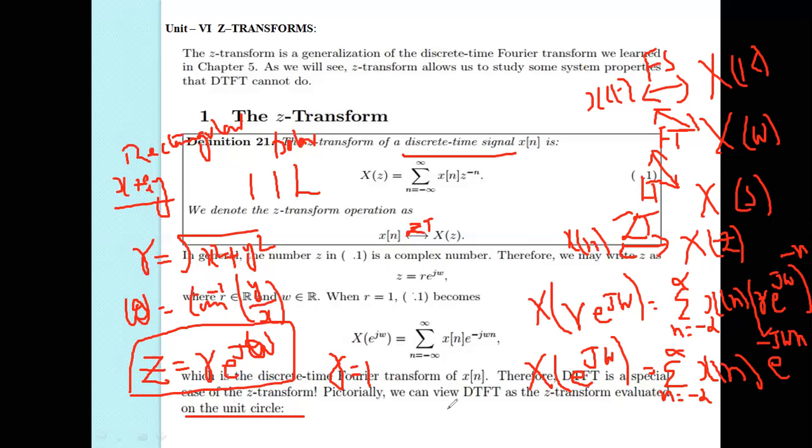Why are they saying evaluated on the unit circle? Because they are taking r is equal to 1. The radius, or the magnitude, r is equal to 1. Using this, the unit circle. It is well known to the third year students why it is a unit circle, because they did Bode plots, polar plots, and Nyquist plots.